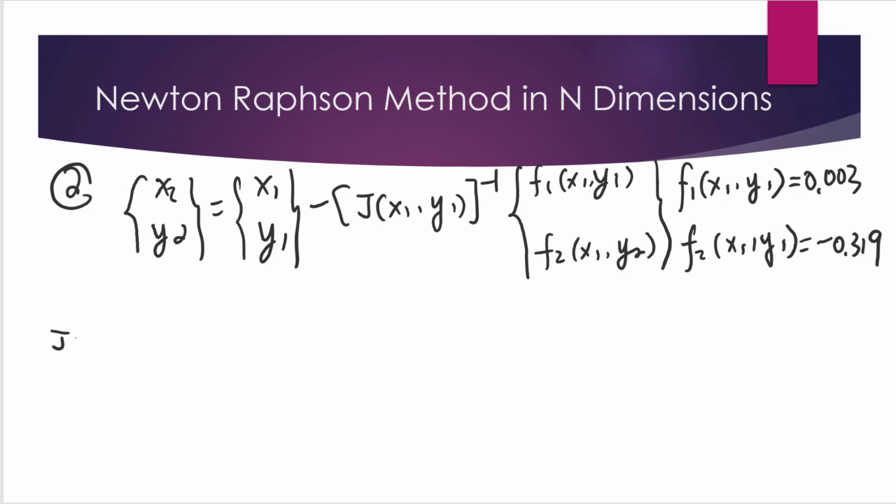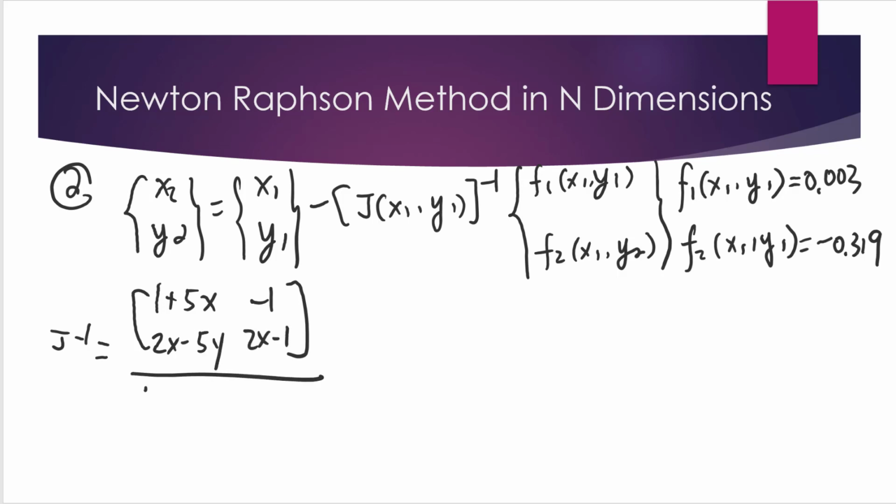So we already got the Jacobian inverse. It looks like this. So it's 1 plus 5x, negative 1, 2x minus 5y, 2x minus 1, over 10x squared minus x minus 5y minus 1, right?